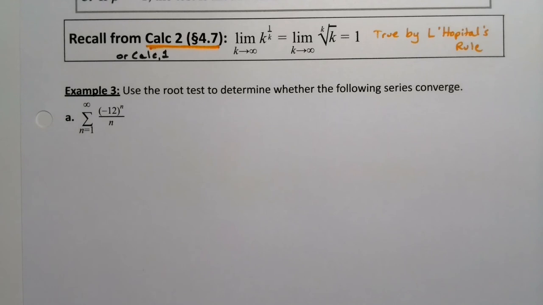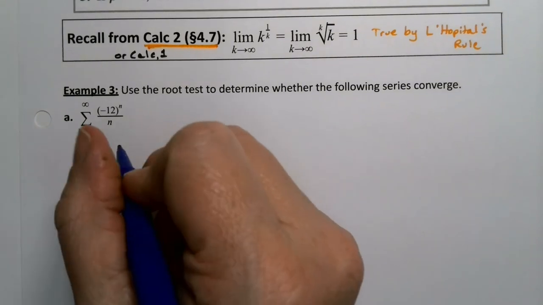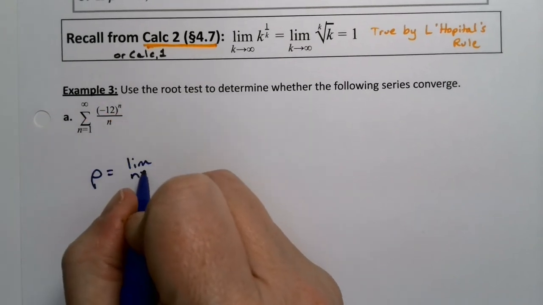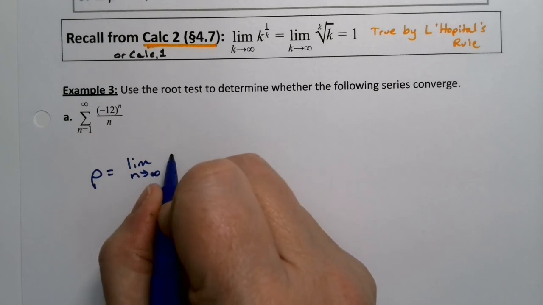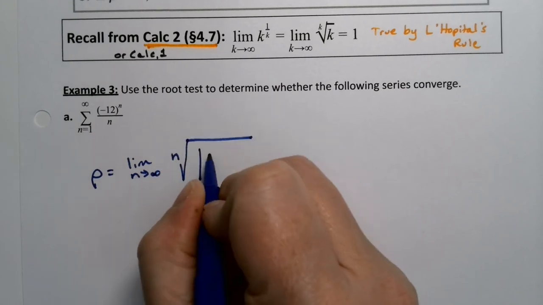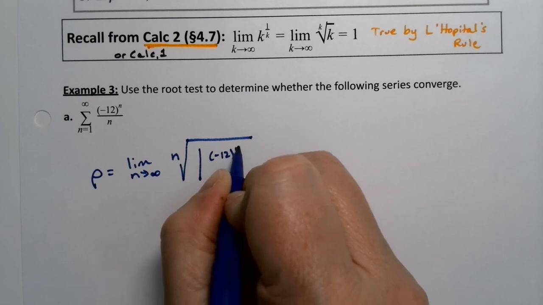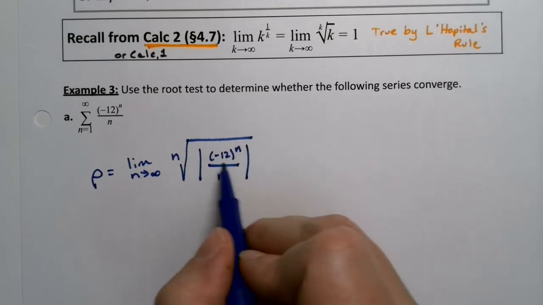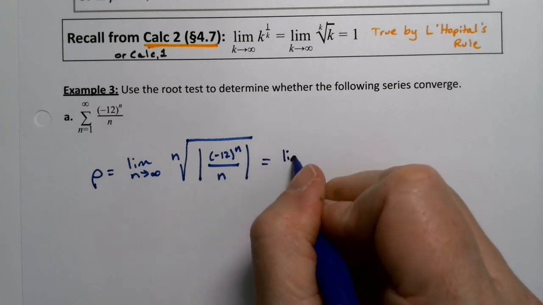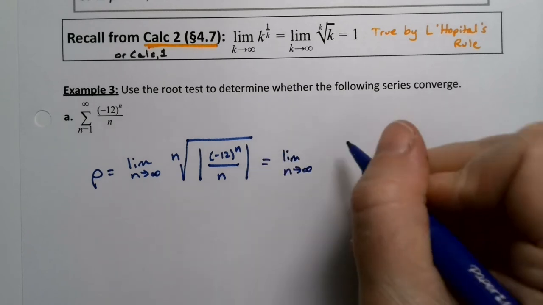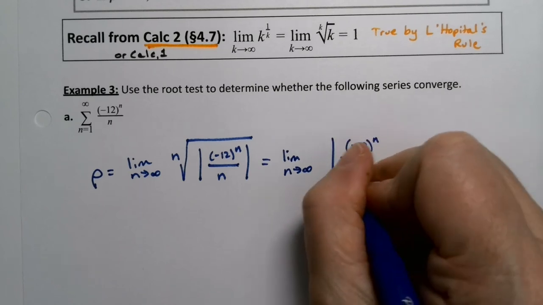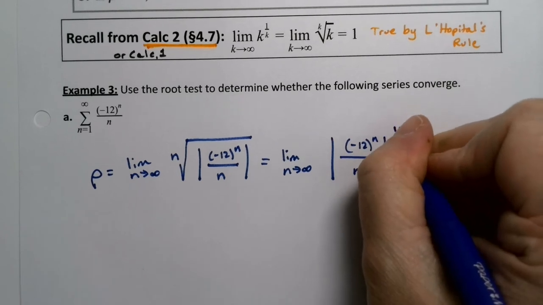Okay, so let's practice the root test now with a problem. So rho is equal to the limit as n goes to infinity of the nth root of the absolute value of negative 12 to the n over n. Okay, but the nth root is not as useful to us, so I'm going to rewrite it as the 1 over n power. So it's the absolute value of negative 12 to the n over n, to the 1 over n power.